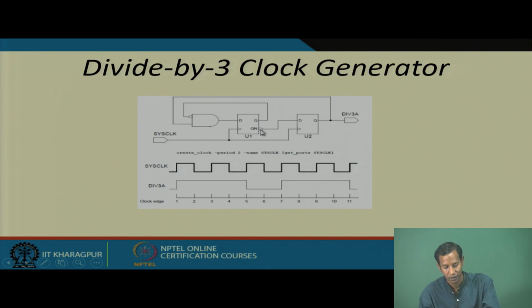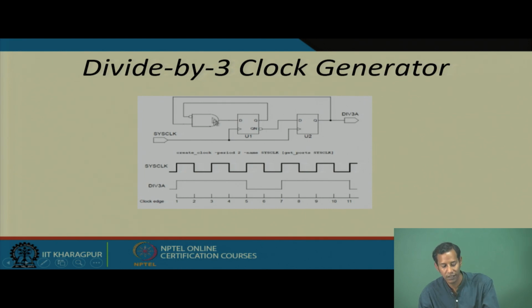So, it will be 0, then again 0 will come, and the output of Q will make 0 for that. Again as this is coming as 0, it will affect this. So, here if it is going 0, then again it will be 1.